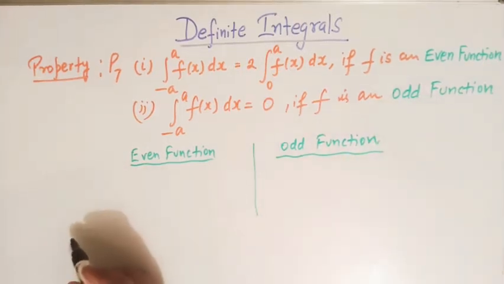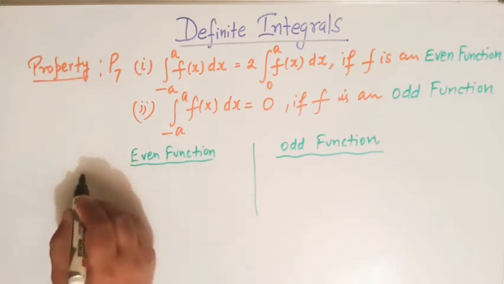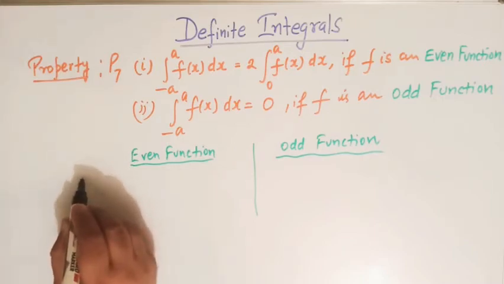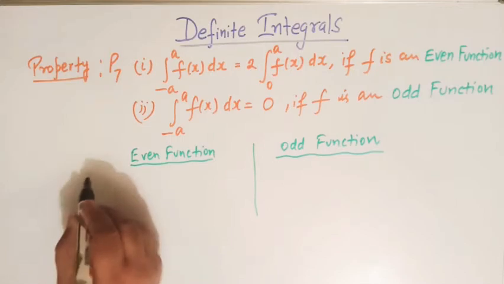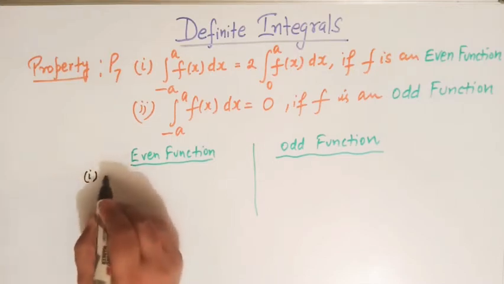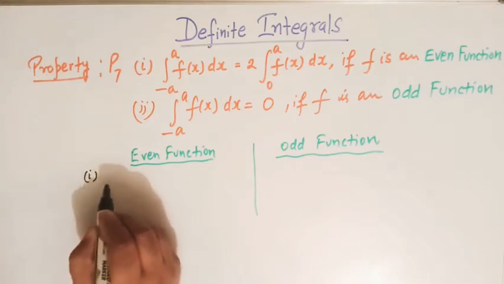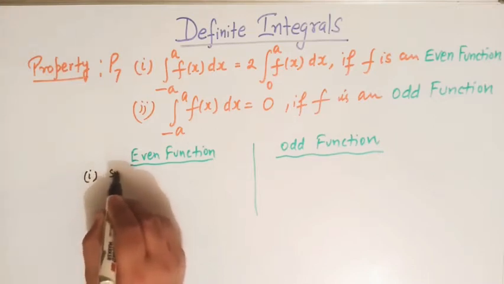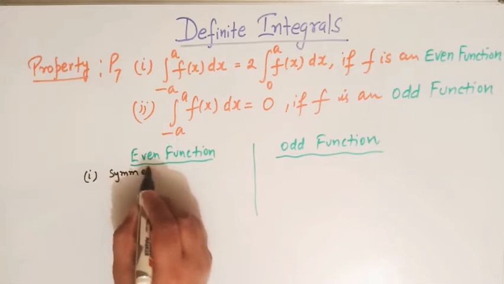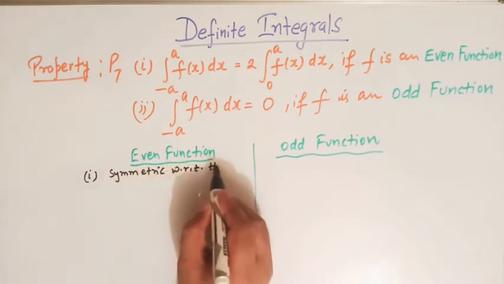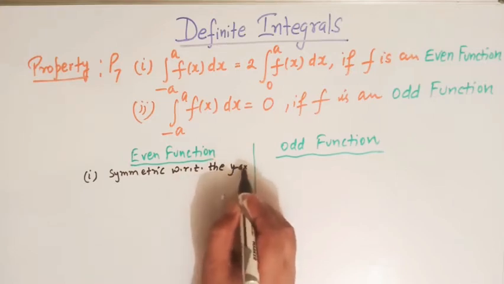So viewers, let us first see the concept of even and odd function. So what is an even function? A function is said to be an even function if the graph of the function is symmetric with respect to the y-axis, right?